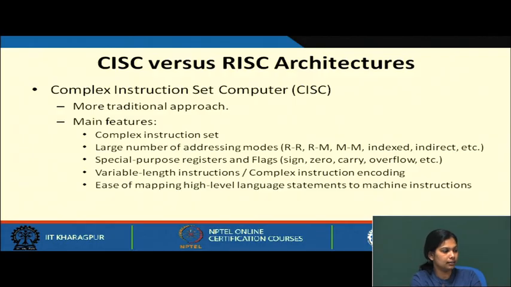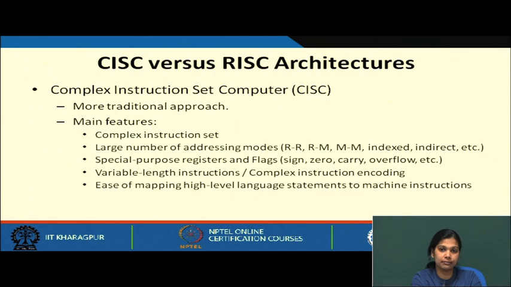Now, let us see how CISC and RISC architectures differ. Coming to CISC, a more traditional approach is followed here. The main features of these complex instruction set computers are that they have a complex instruction set. The instruction set is not very simple.